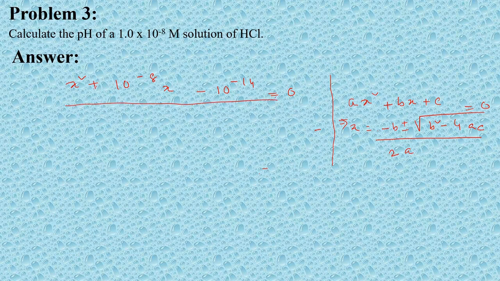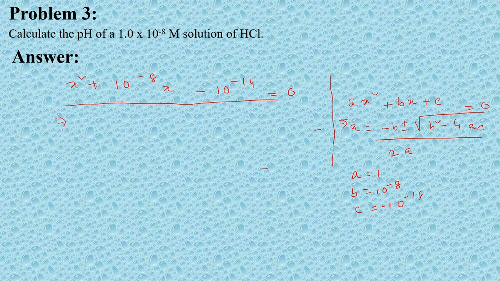For this equation, a is equal to 1, b is equal to 10 to the power minus 8, and c is equal to minus 10 to the power minus 14.